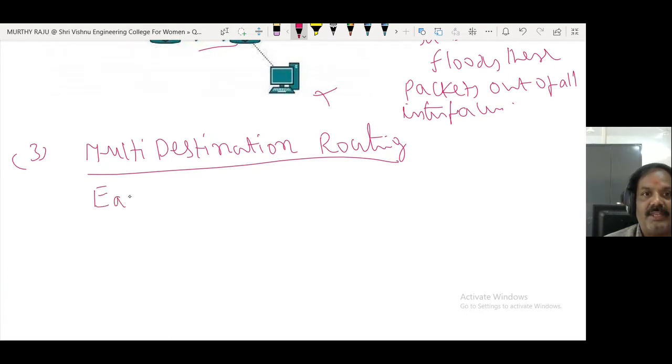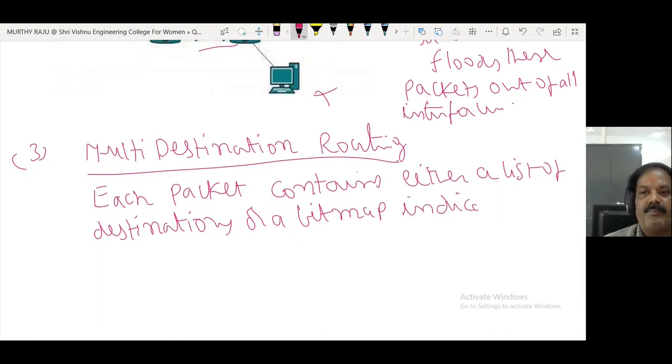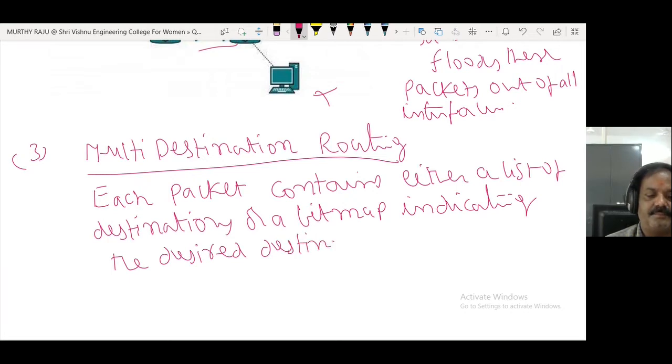multi-destination routing means each packet, not the source, contains either a list of destinations or a bitmap indicating the desired destinations.